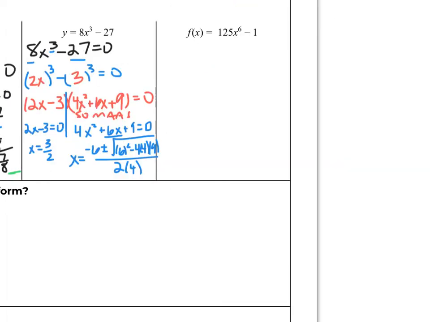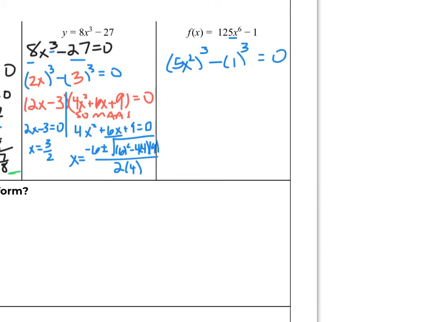If I look at this next one, I still have a difference of cubes, but now it is to the 6th power. So I would have what cubed is 125x to the 6th? That would be 5x squared minus 1 cubed.